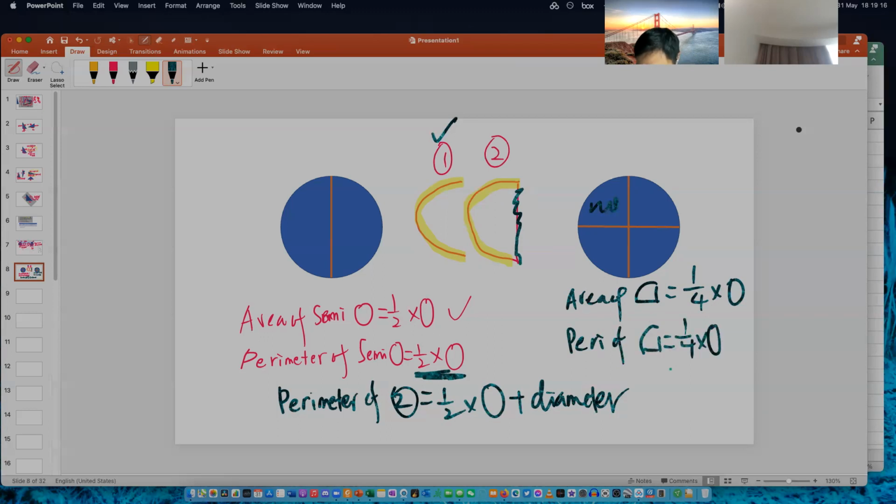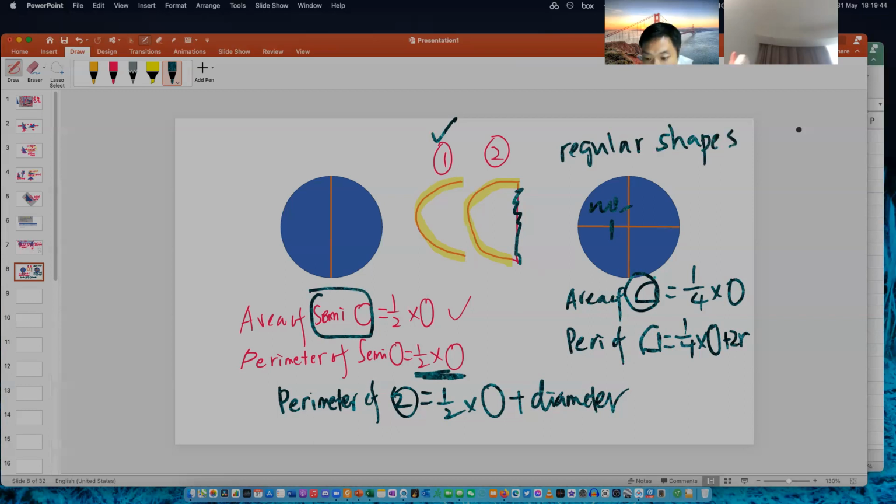Of course, it depends whether you want to include the radius or not. Let's say you include the radius, it is plus 2r. A lot of students know what to do with this. Semicircle and quadrant, I call these two regular shapes.